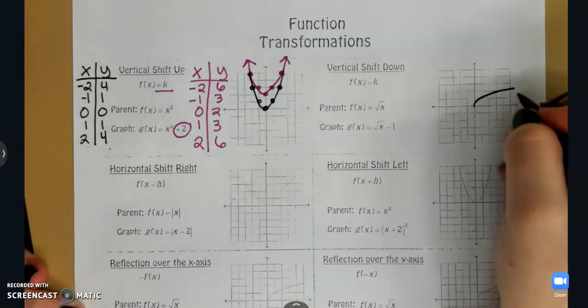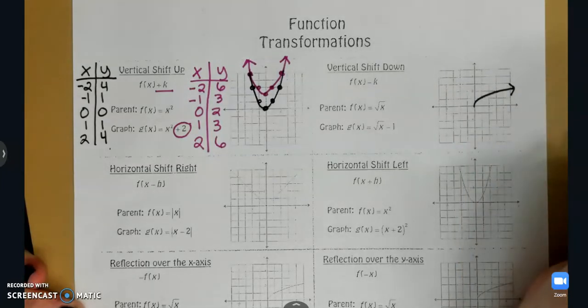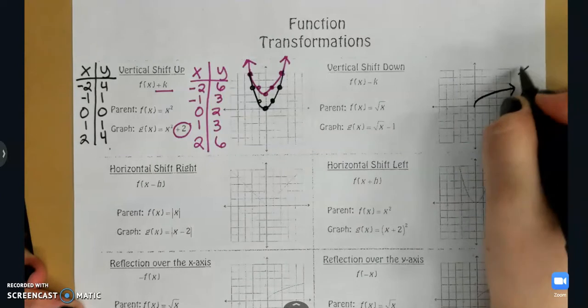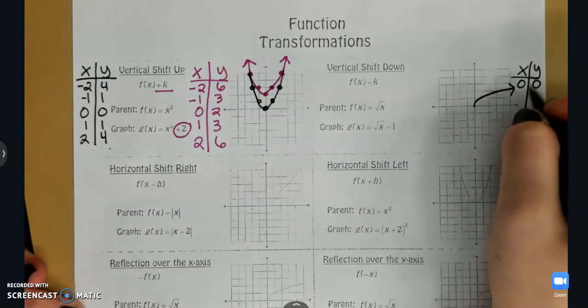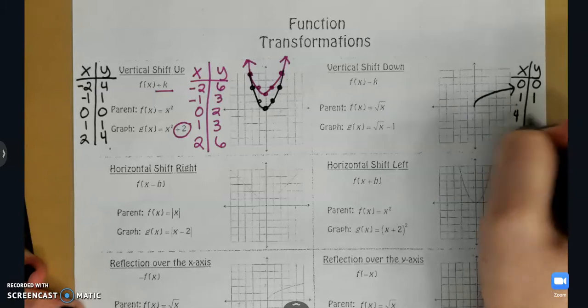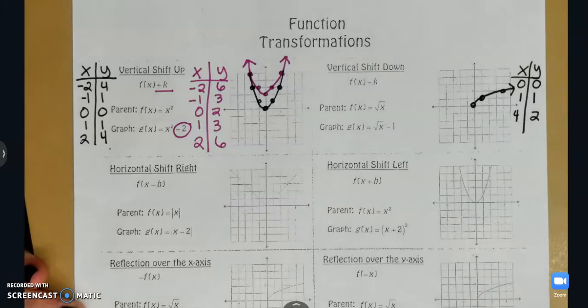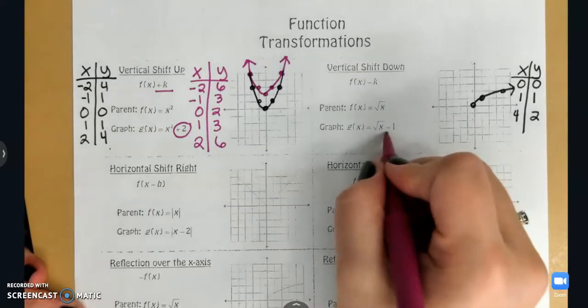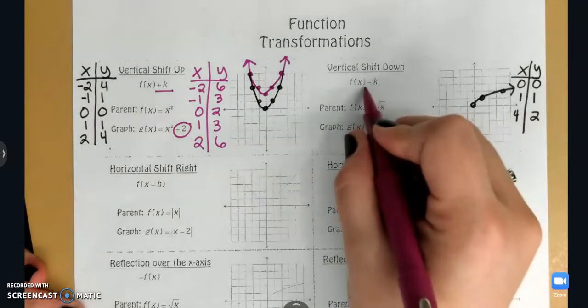Same story for shifting down. This is my square root parent function. So some points on that one are 0, 0, 1, 1, and 4, 2. So here I'm shifting down 1, so I'm subtracting a number on the outside.